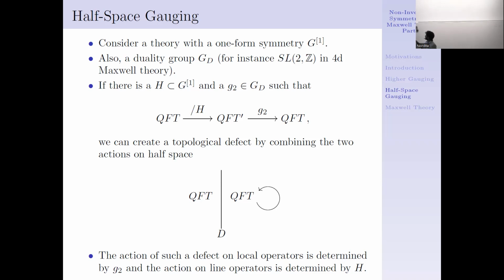The properties of these duality defects are specified, of course, by H and g2. In fact, the action on local operators is fixed by the duality element, and the action on line operators is fixed by the subgroup H that we are gauging. Basically, this half space gauging procedure is a way to turn dualities into symmetries.